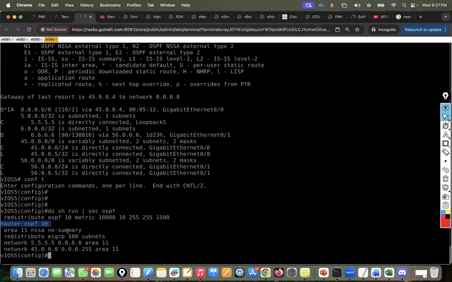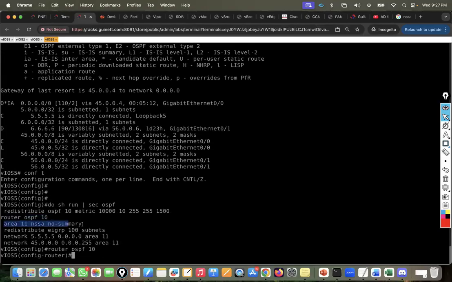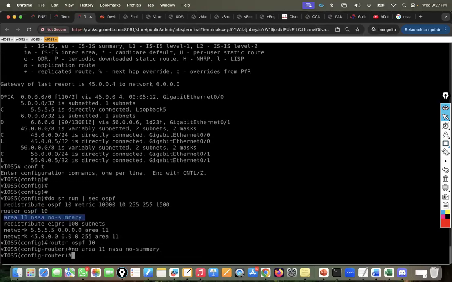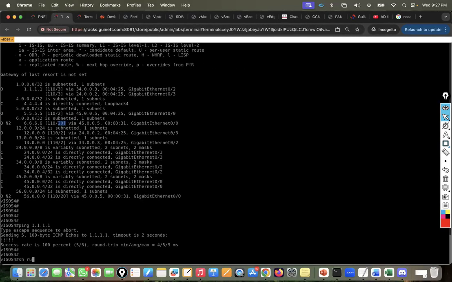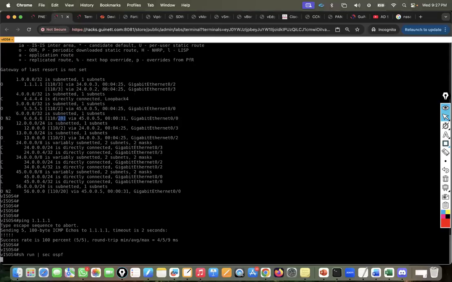I will just remove this one. This command will remove only the no-summary. Here also I'll go show run section OSPF.